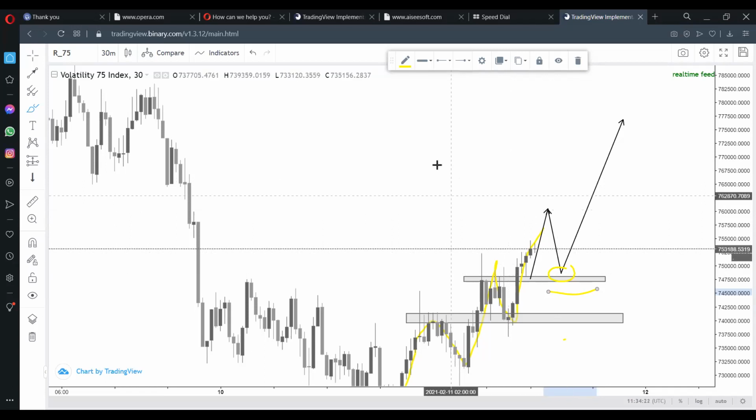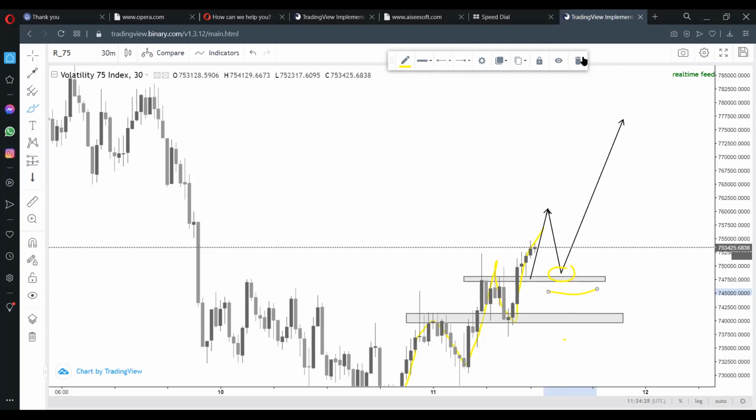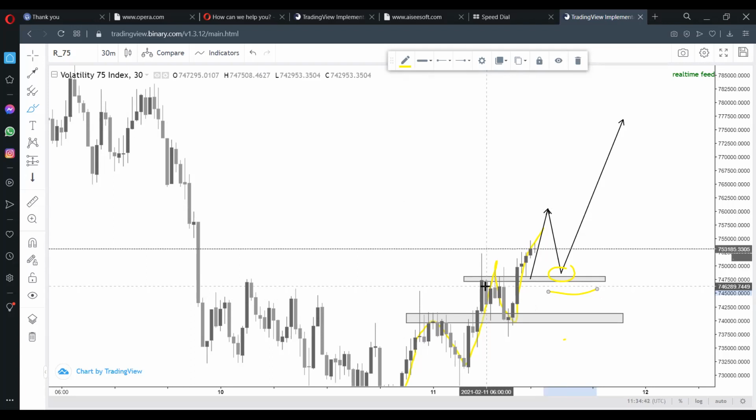For me, I don't actually look at the kind of candlestick that has formed, either engulfing or the morning star, or even I don't look. All I know is seeing a rejection or giving me some structure that I want to see.